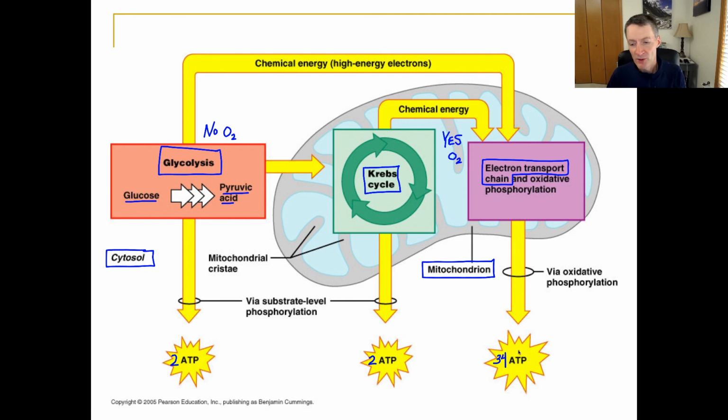Now, if you add these numbers up and compare them to the equation we just discussed a little bit ago, I said something about 36 ATPs, a nice payload, a nice paycheck for doing this. Well, 2 plus 2 plus 34 does not give us 36, right?